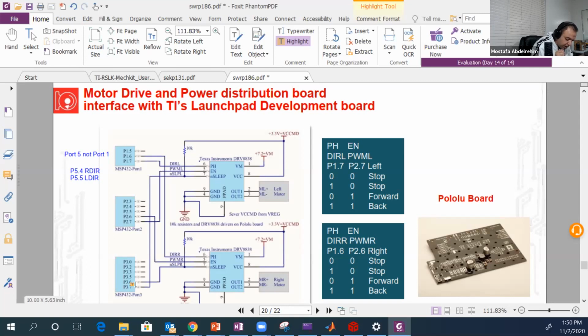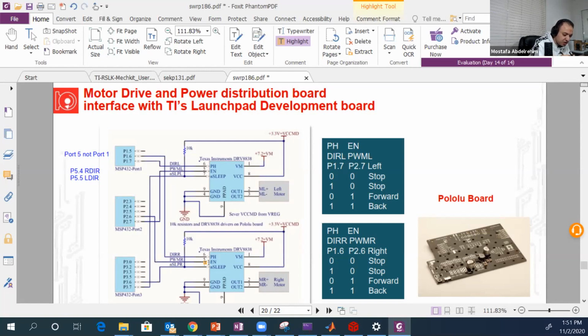So if we put 0 there, for example, in pin 3.6, which is connected to the right motor sleep, it will sleep. It will not work. If you put 1, then you look at the phase and the enable pins, what kind of voltages they have, to know if it's going forward or backward, and also the speed.